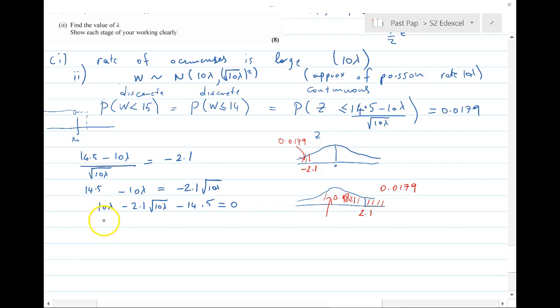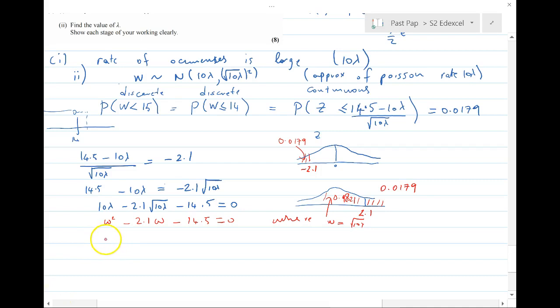You can write that this is w squared minus 2.1w minus 14.5 equals 0, where w equals the square root of 10 lambda. So we can do that should we wish to.